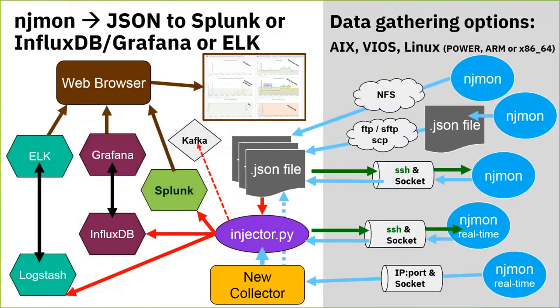Okay, so let's look at this similar sort of diagram that's pointing out you could inject into Splunk or Logstash to use the ELK tools. Another one I've been asked for is Kafka.